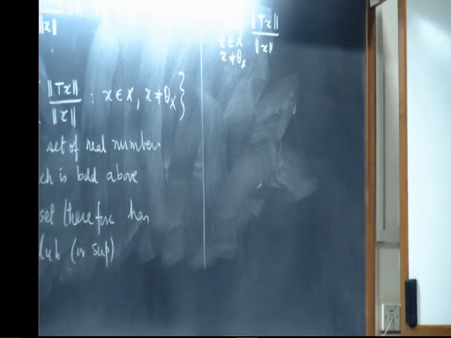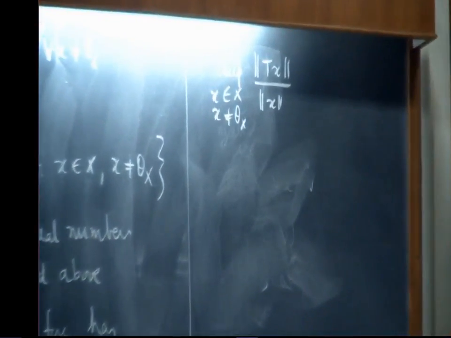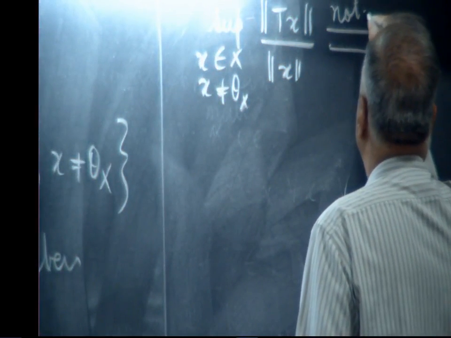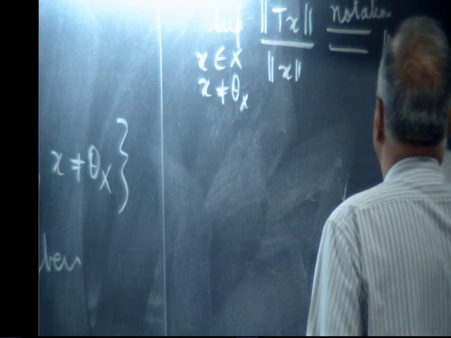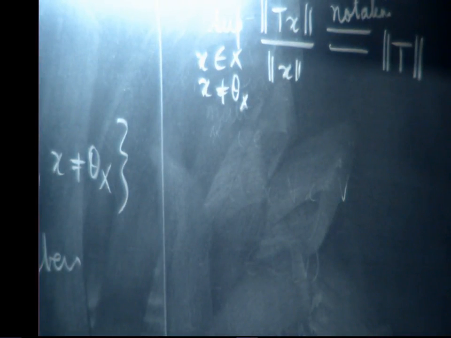That number is denoted, so this is notation, as norm T, for whatever reason. We will see why. That number is denoted by norm T.